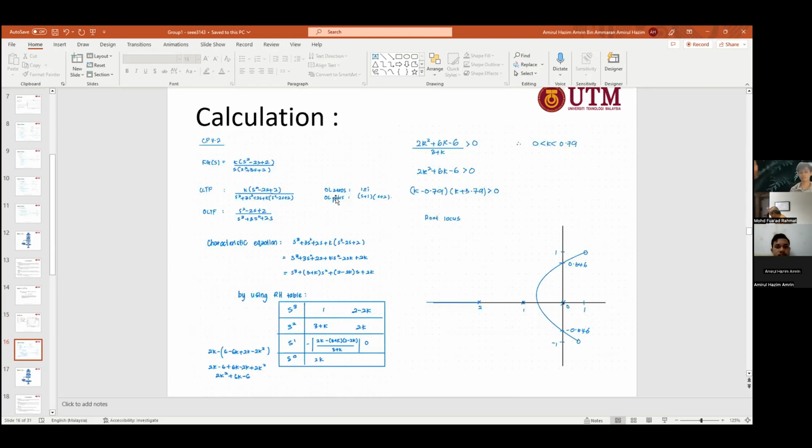We obtain OL zeros and OL poles from the closed loop transfer function, and then we obtain the characteristic equation from the open loop transfer function. By the RH table, we need to find the value of K, which is K critical, that we obtain here is 0.79. Then we sketch the root locus that we need to find.